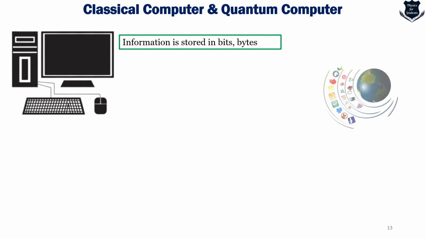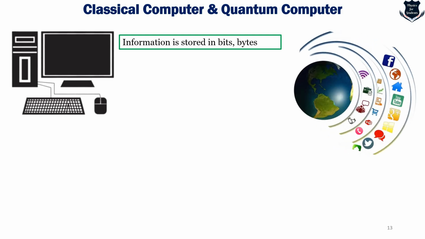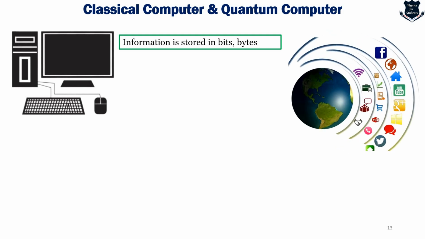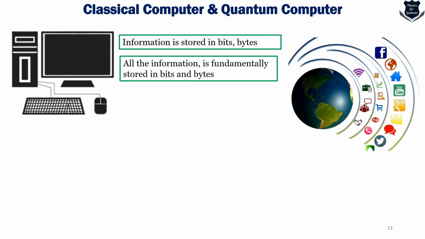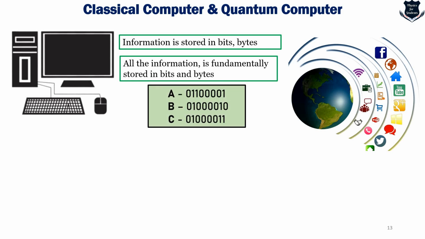So all this information on the right hand side of your screen, Facebook, Instagram, YouTube, this video, all the multimedia information that we see, is fundamentally stored in bits and bytes. We are talking of the classical computer in order to see how from classical we graduate to the quantum computer.